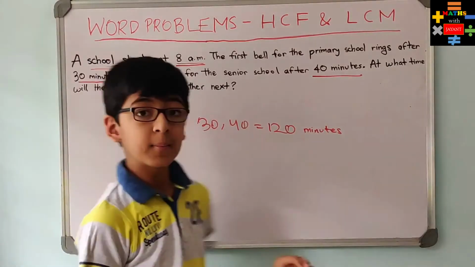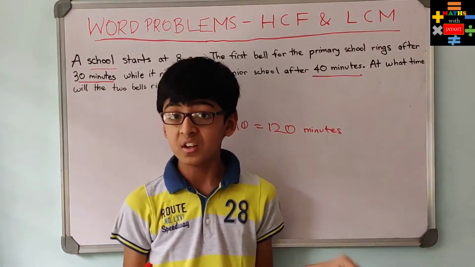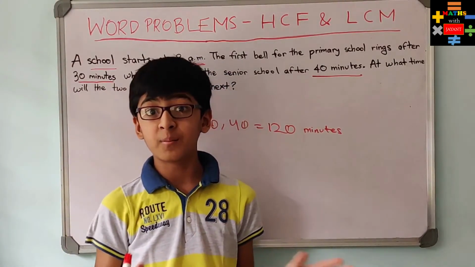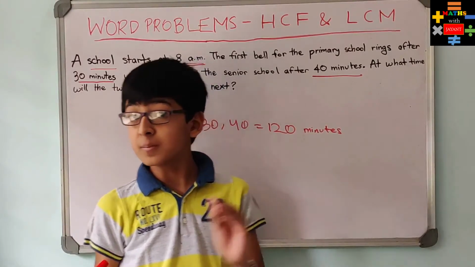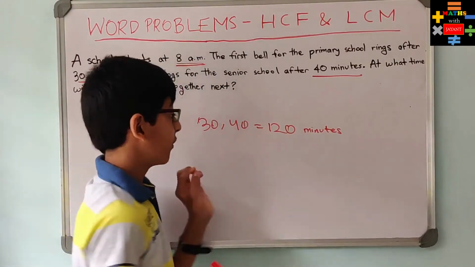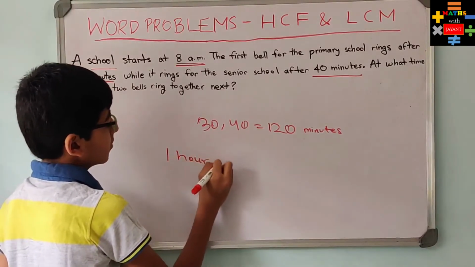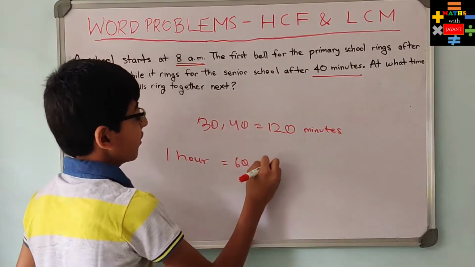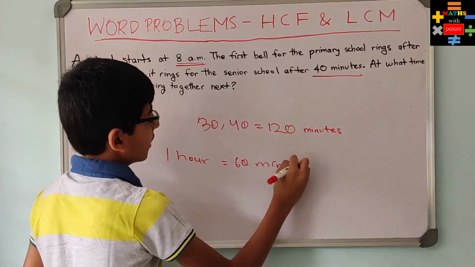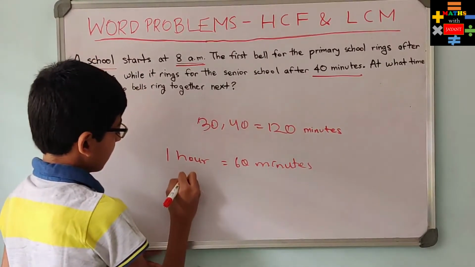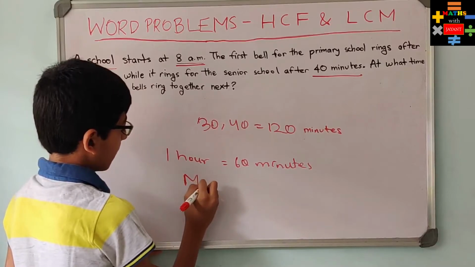Now 120 minutes is bigger than 60, and we don't say numbers bigger than 60 minutes. So we have to convert this into hours. So 1 hour is equal to 60 minutes. And to convert minutes to hours, what are we going to apply?